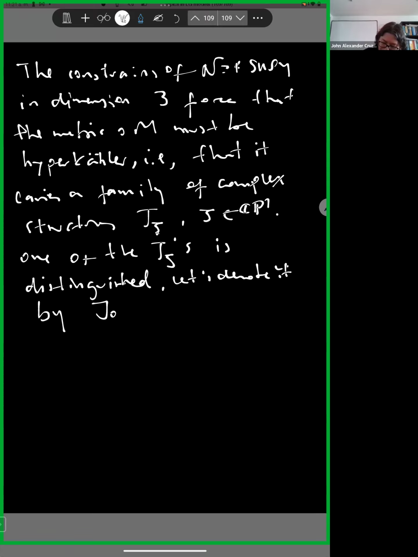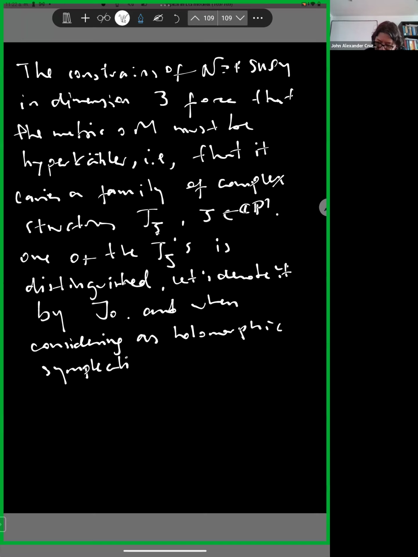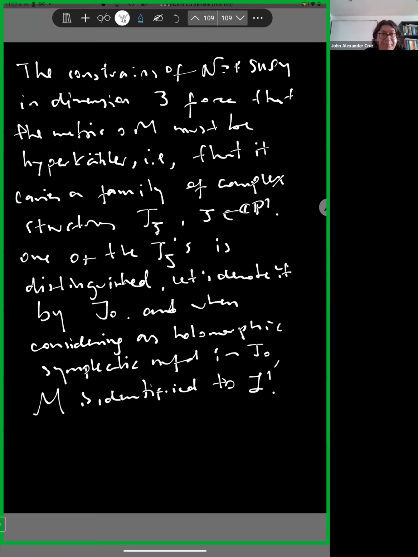When considering it as a holomorphic symplectic manifold in this particular complex structure, the target space M is identified with I prime.